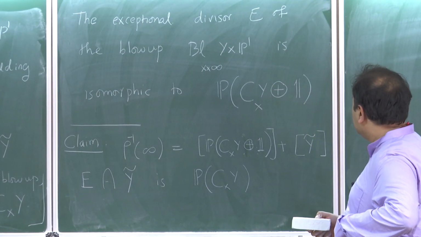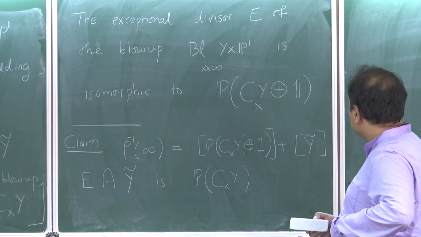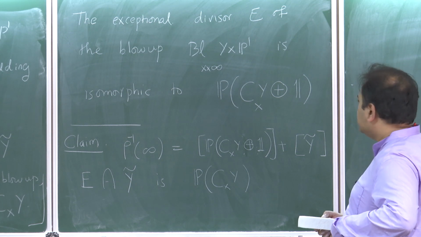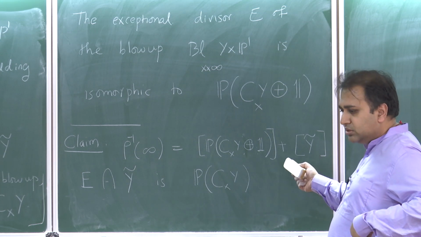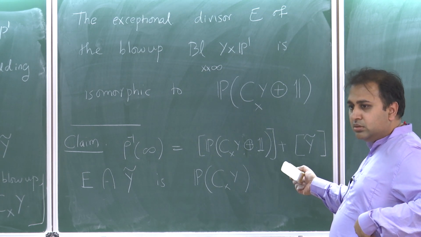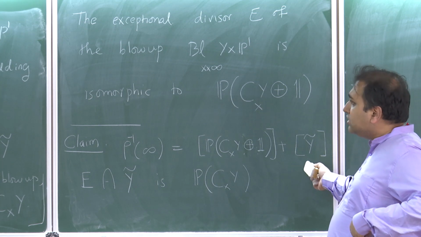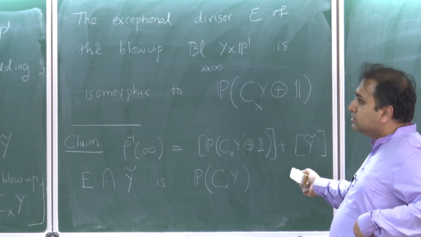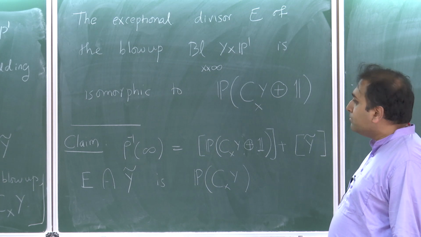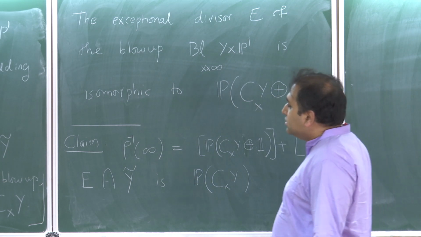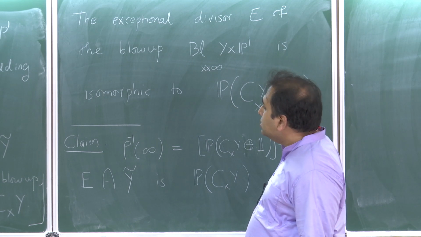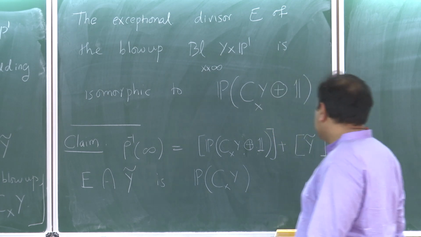Think of vector space P of V_x. But why is it intersecting? How does this sit inside y as a closed subscheme? At infinity is this. No, in y tilde. Y tilde is just the proper transform. But isn't it just a function of x? Yeah, okay.